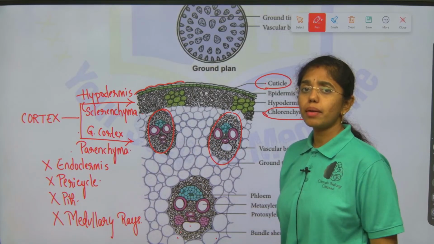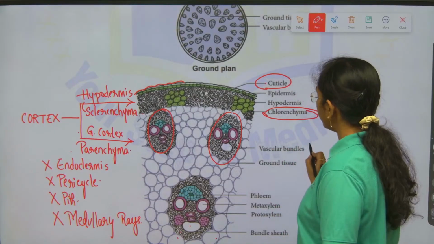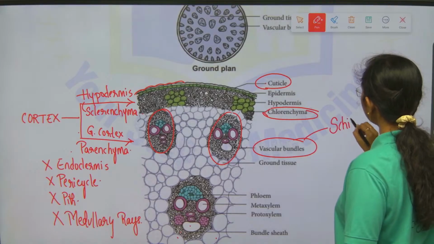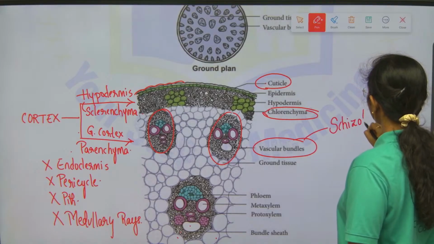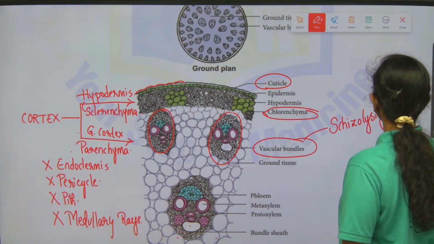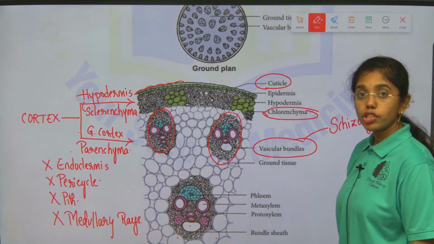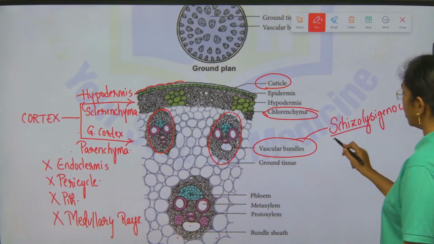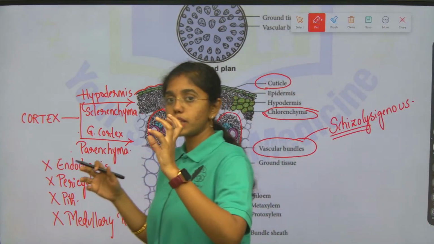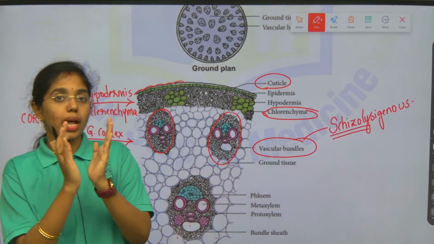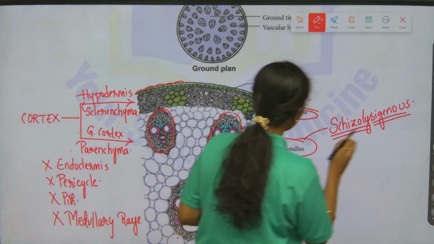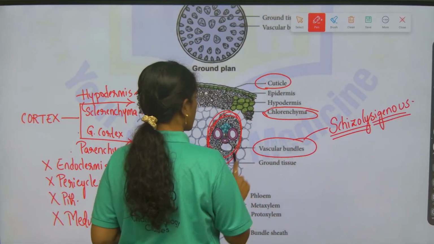How have these vascular bundles originated? These vascular bundles are schizolysigenous in origin, which means schizogeny, the cells get separated, and in those intercellular spaces the vascular bundles originate, and lysogeny, after cell death, large spaces are created.